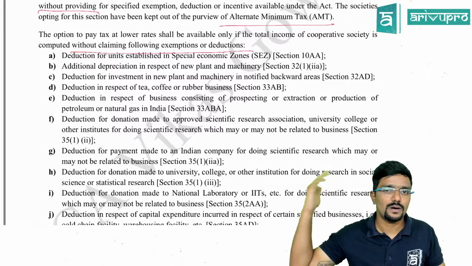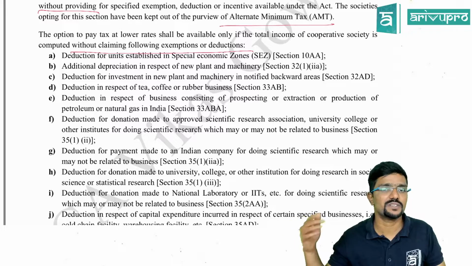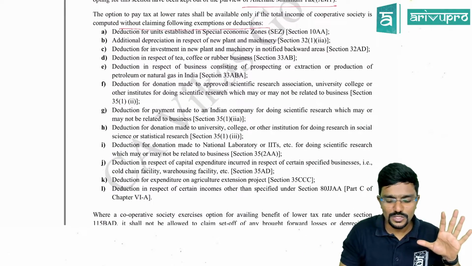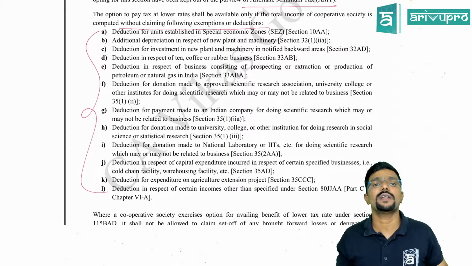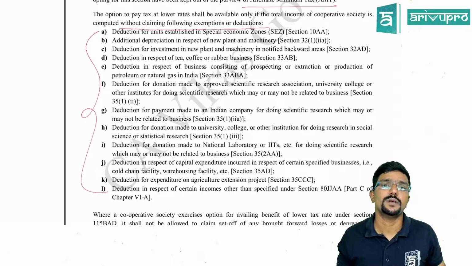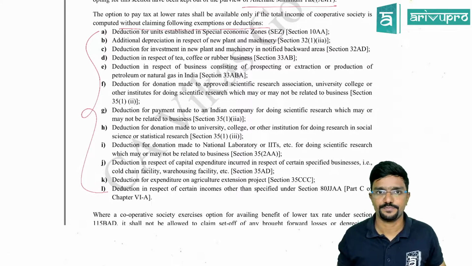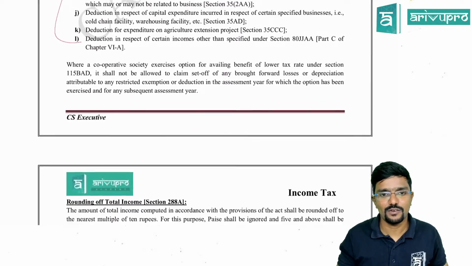Once we cover all the chapters, you will have an idea about what these deductions and exemptions are. You can remember one shortcut: most of them covered here are whatever is not available even for individuals and HUF under section 115BAC. Clear? Yes, sir.